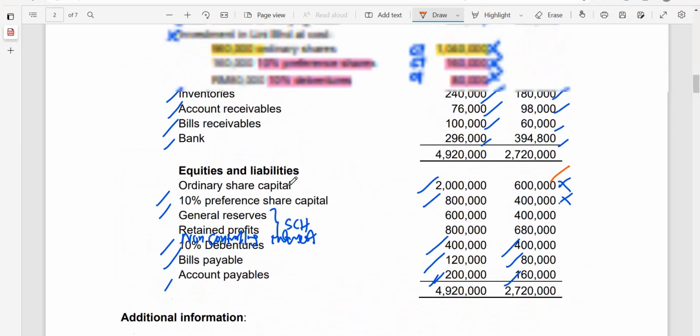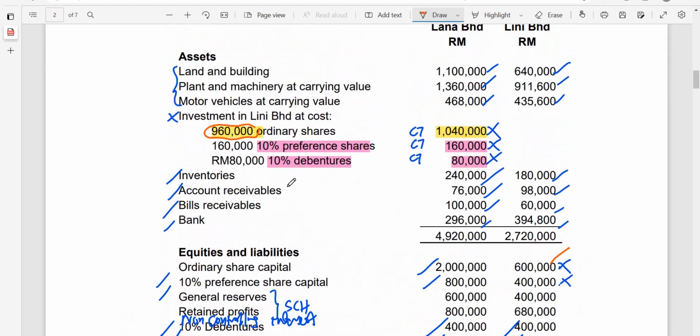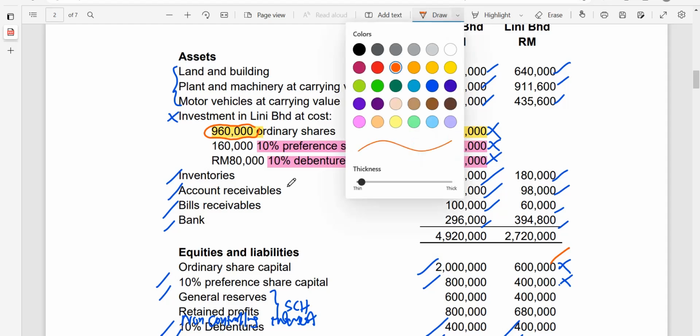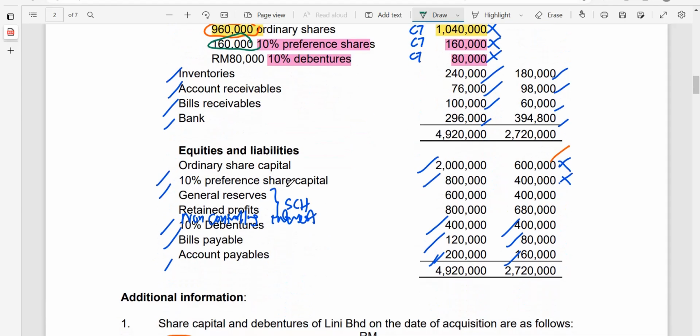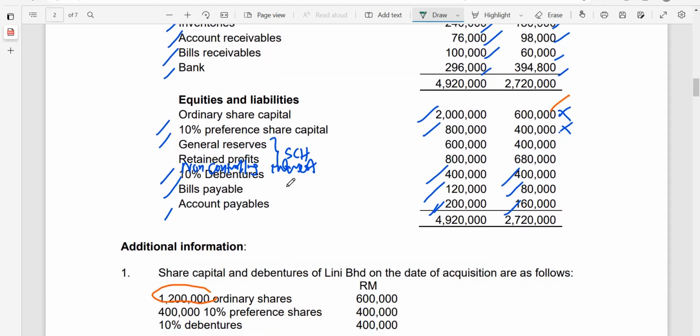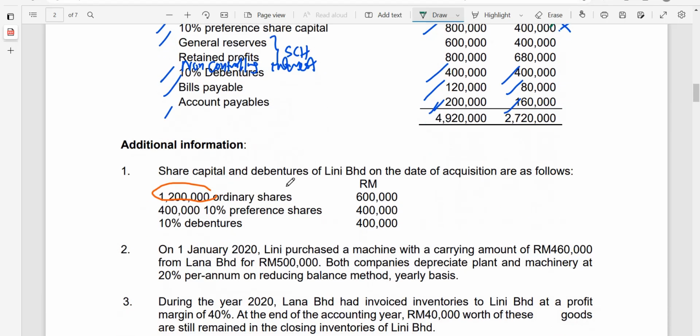The second one is the acquisition of the preference shares. For the preference shares, I'll take a different color. I'll take this green, 160,000. And if you look here, the 10% preference shares, you have the information here in amount, but we are not looking at the amount, we're trying to find the units. So the unit is given here in the first information, 400,000.